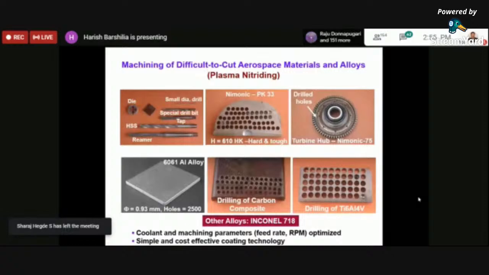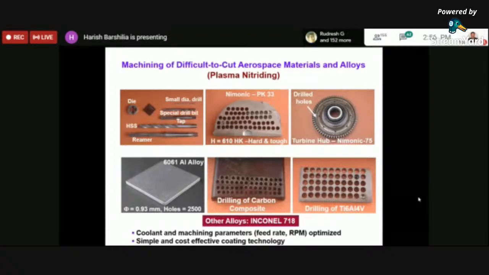These are some of the components which have been machined in my lab. You can see some of the turbine hubs, aluminum alloys, carbon composites, and Ti6Al4V. There are a large number of materials which can be machined efficiently by using these coated tools with performance improvement.